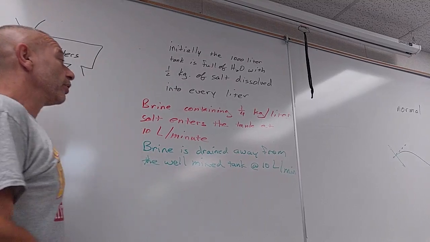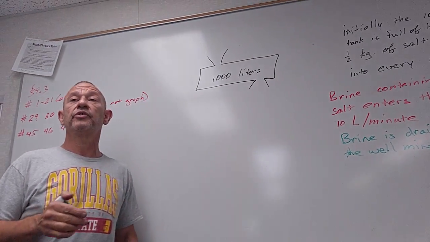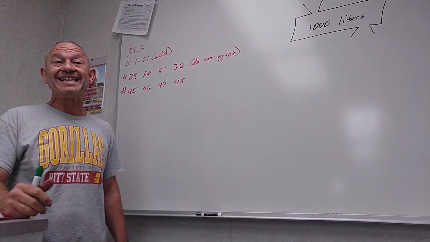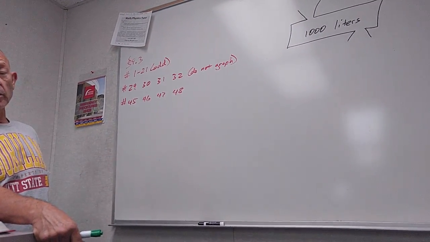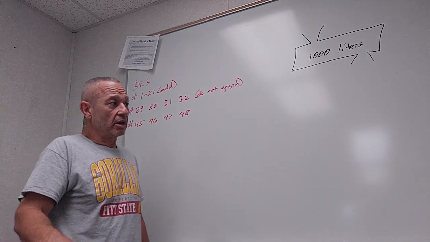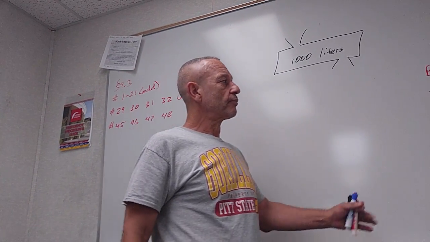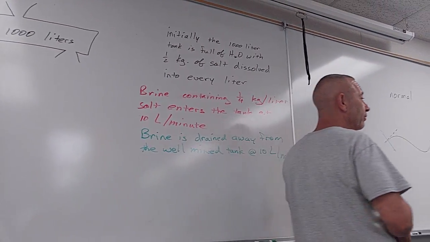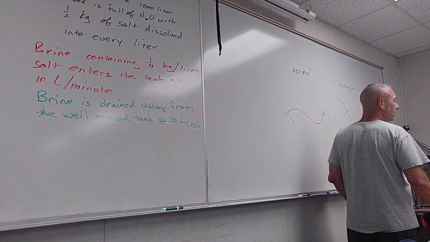That's necessary, because the rate that stuff is being added is the same as the rate that it's being drained away. Otherwise, we have to learn a different technique for solving differential equations besides just variable separability. That's all you need to know. Now you're going to be able to write an equation for me that tells the amount of salt in the tank at any time t.